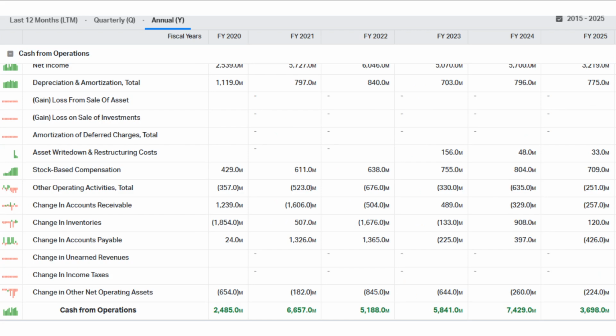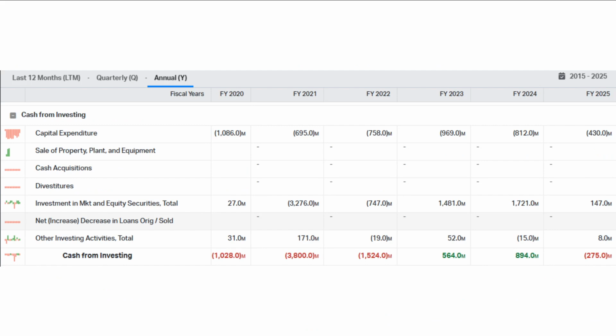So we can see the cash flows were strong until 2025, when they dropped significantly, around minus 50%. So that was a significant drawdown, but we can see that this year, 2025, this company also invested a little bit.